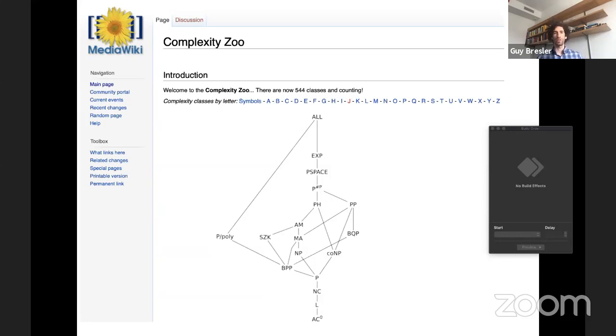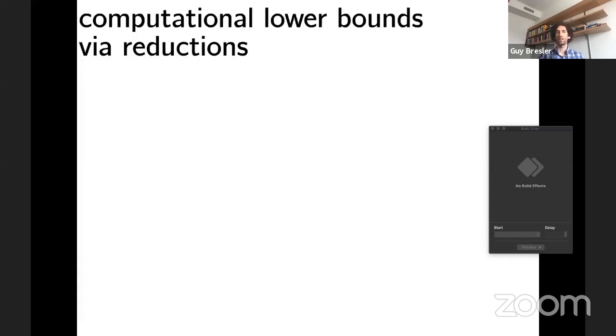You can go surf the complexity zoo and look at relationships between various classes of problems. And the basic way that one reasons about the computational complexity of one class versus another, or one problem and how it relates to a given class that contains it, is via reductions.